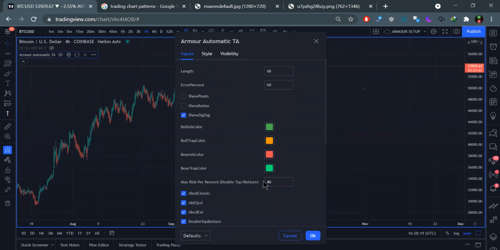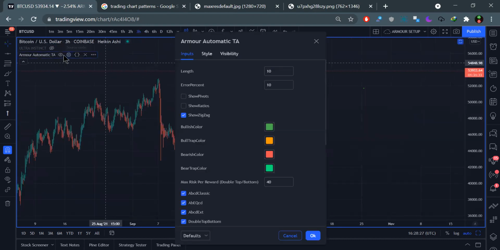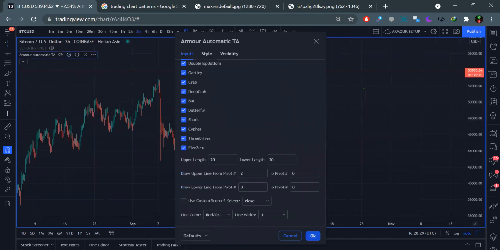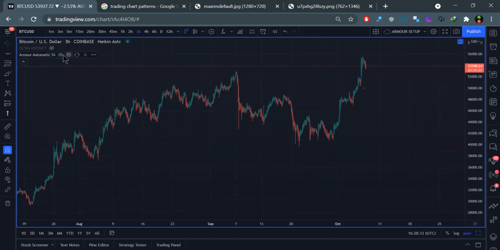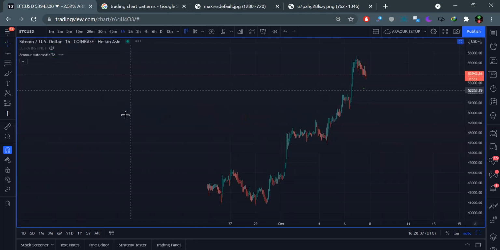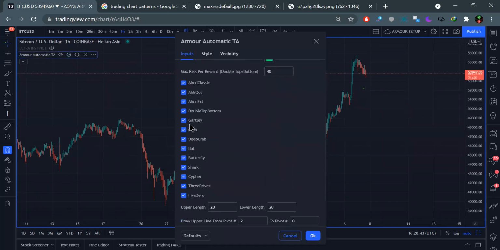Then click on zigzag. Click OK. No, don't worry. Click OK. And settings. Something I messed up with settings, I think.